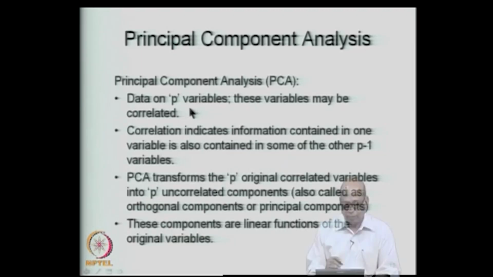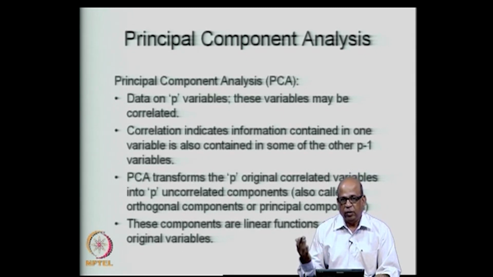So, you have data on p variables, and some among these may be correlated. Let us say rainfall may be related with temperature in some sense, or the soil moisture is related with rainfall, and evapotranspiration is related with both soil moisture as well as temperature. So, there may be significant correlations among the several variables.